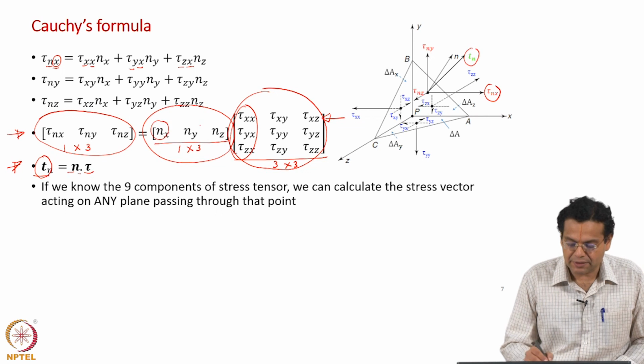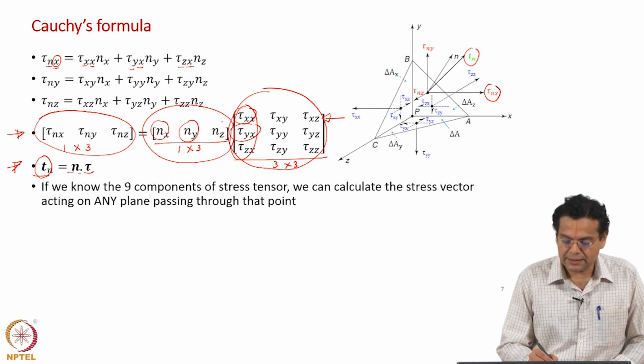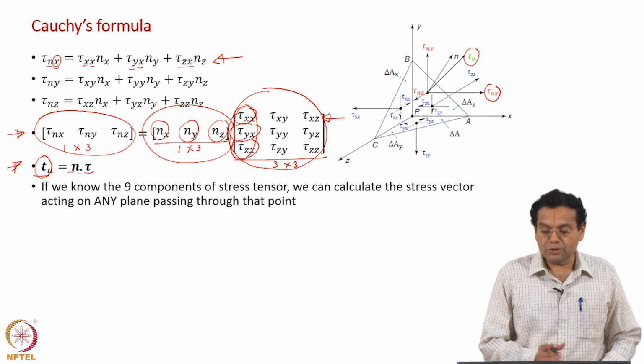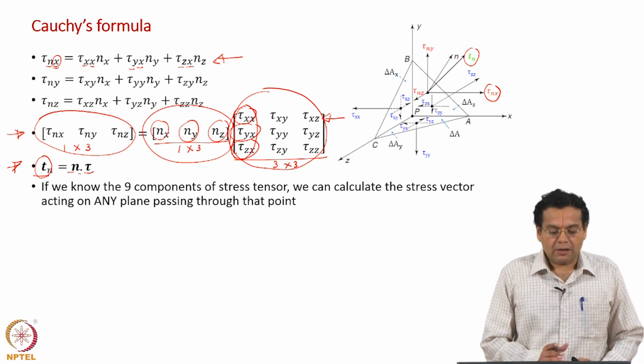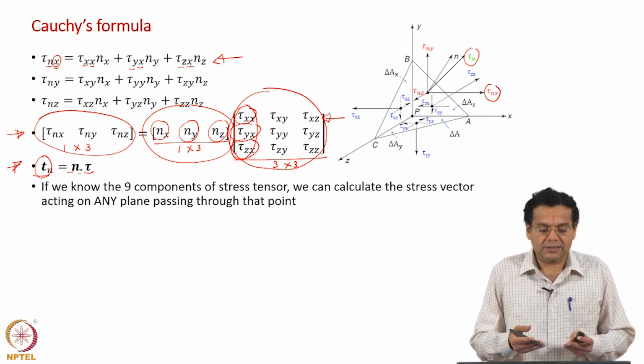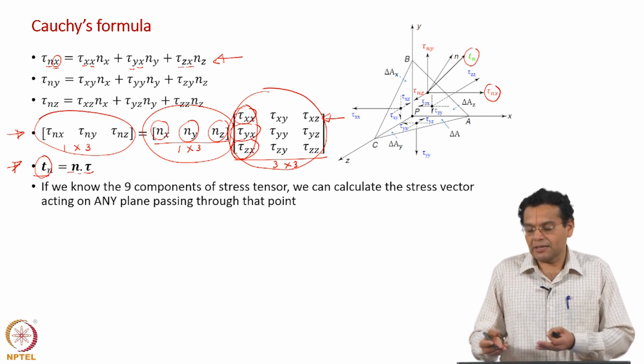You multiply nx with tau xx plus ny into tau yx plus nz into tau zx, and that is exactly what you have here. So, when you multiply, you get the contribution of all the x components of 3 different stress vectors to the x component of the stress vector acting on the arbitrary plane.